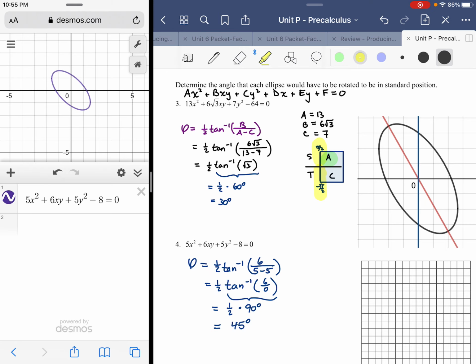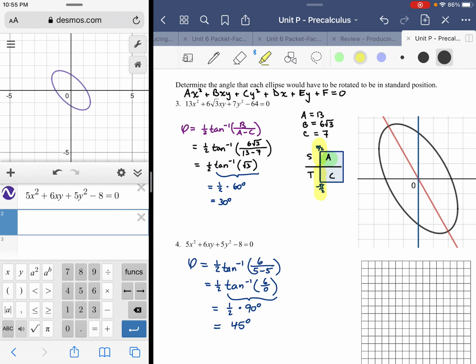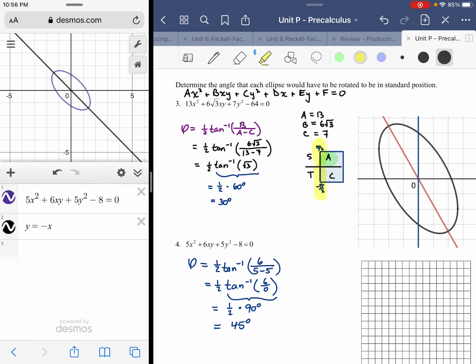So let's take a look. All right, so that's what we got. And if I were to plot a 45-degree angle, that would be really y equals negative x. That's a 45-degree angle.